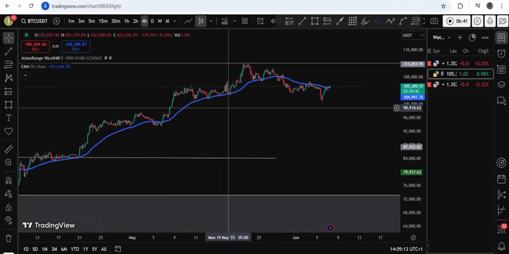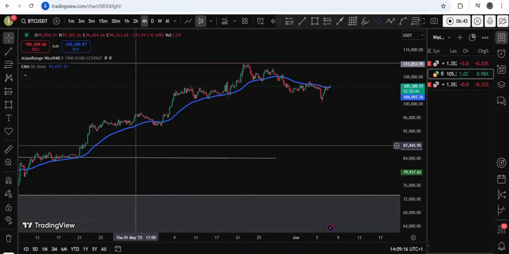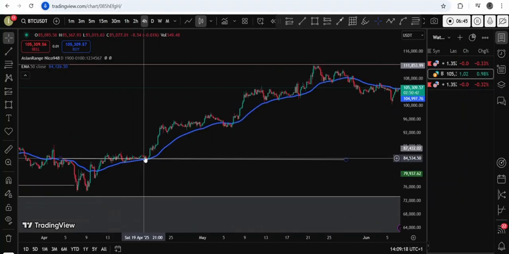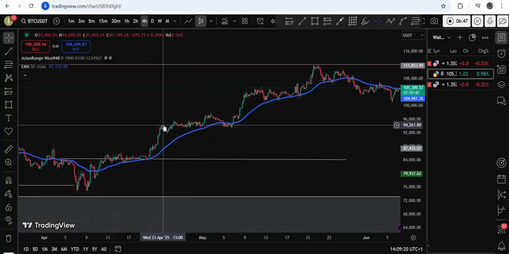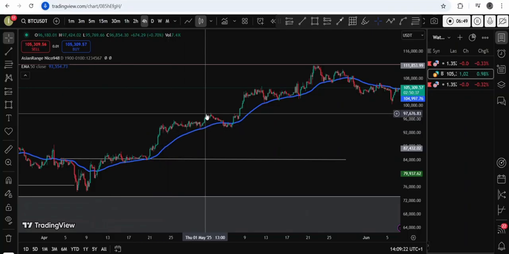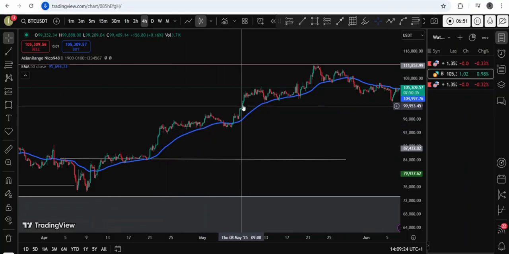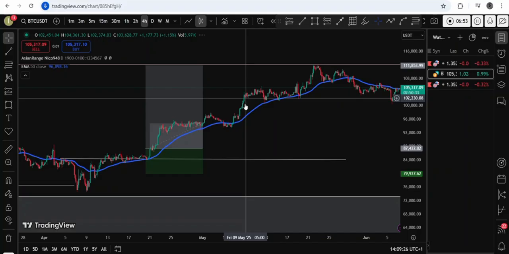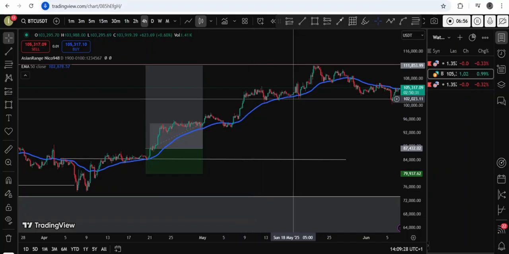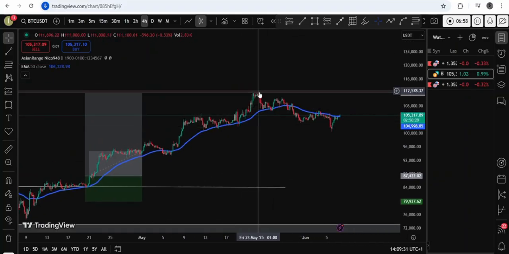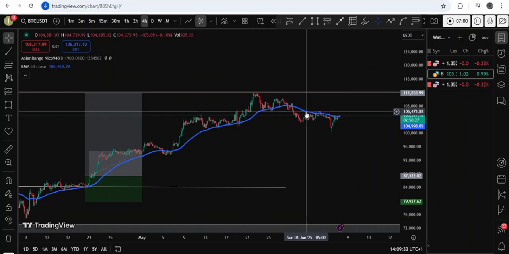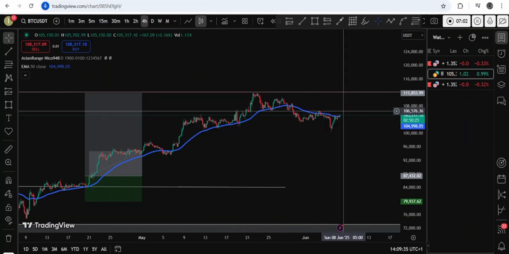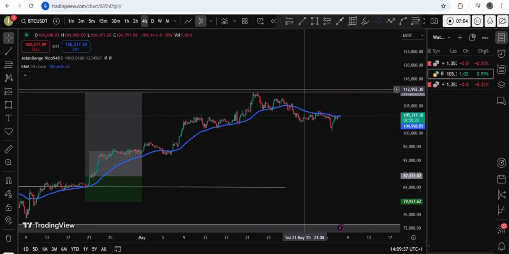As you can see, the market keeps on breaking higher highs. The market came here, broke a higher high, higher low, higher high, higher low. It keeps on breaking higher, higher low, higher high, higher low. And you see right here, the market broke the 50 EMA and keeps on consolidating around this area.